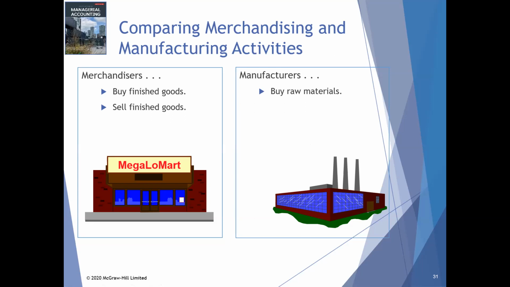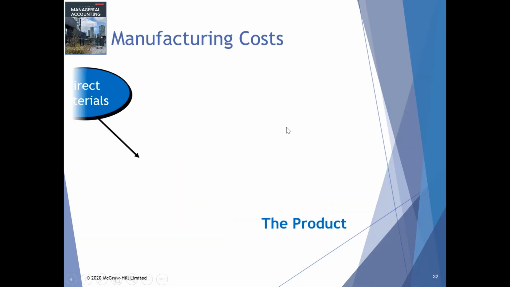We can take the example of Ashirwad Atta, or the desi ghee that we have from different manufacturers, maybe Verka. Those are manufacturing units which buy raw material, then produce, and sell the finished goods to the merchandiser. So the manufacturing unit is different and the merchandiser unit is different.